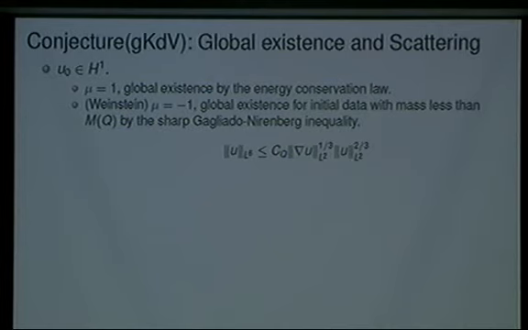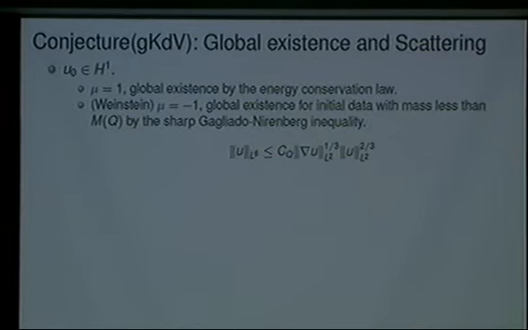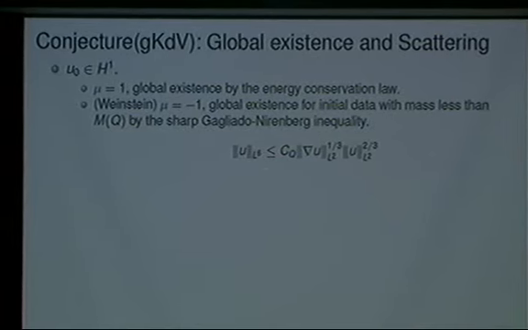The Gagliardo-Nirenberg inequality was known before Weinstein, but Weinstein observed that the minimizer of the inequality is attained when u is Q. So the sharp constant is written as a function of the L2 norm of Q.